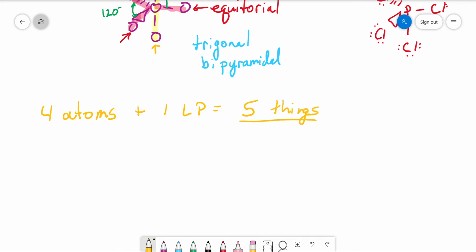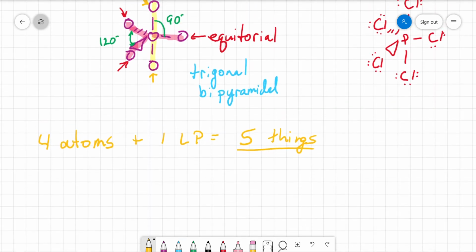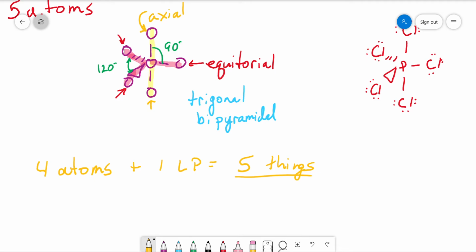5 things. All right, now, the important thing here is because this is valence shell electron pair repulsion theory, the VSEPR theory, the molecule is trying to minimize repulsive forces. So when we put the lone pair in to this basic trigonal bipyramidal shape, it matters where it goes.